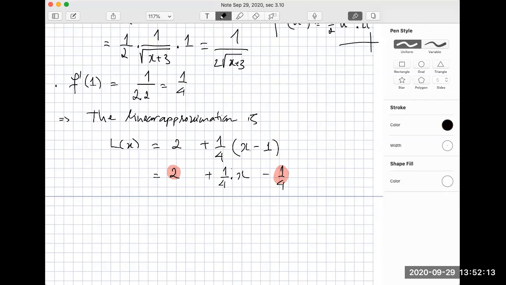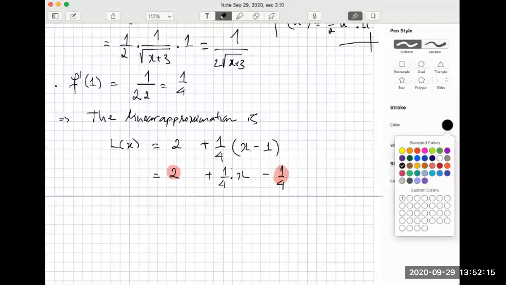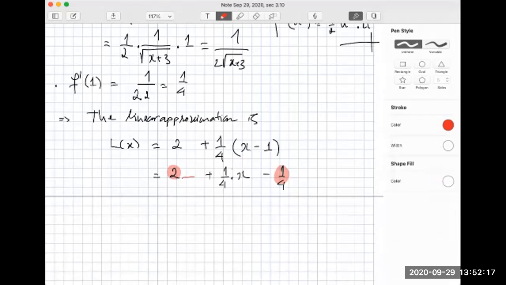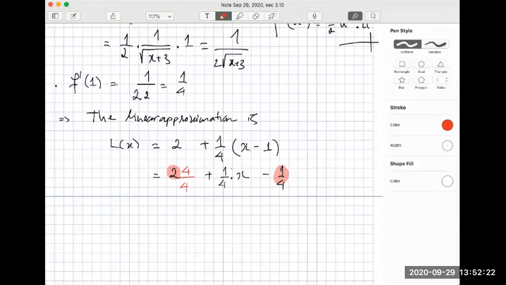It means that the number 2 here, we must divide it by 4 and multiply by 4, the same thing. Now they have the same common denominator. We can add the numerators together. And the numerator here is 8, add with negative 1, which gives us 7 over 4, right?